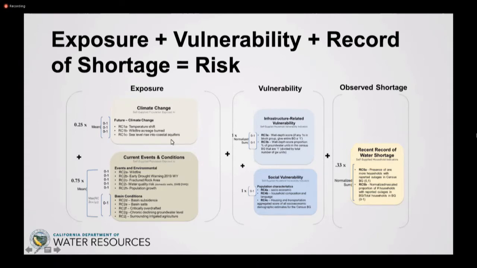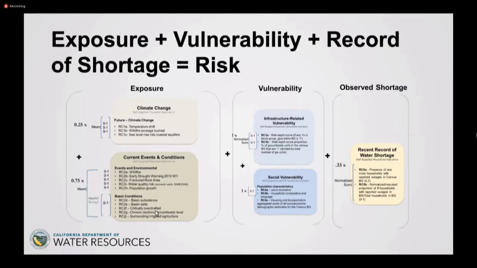But we aggregated them together, and then the group decided that climate change should be reduced in terms of how much it's weighted. So it wouldn't be equally weighted with the current events and conditions because it is future.